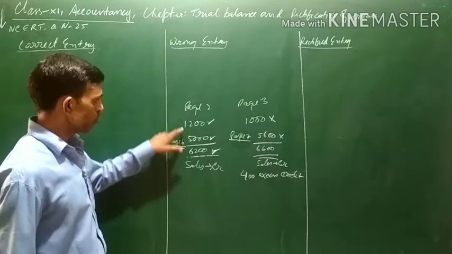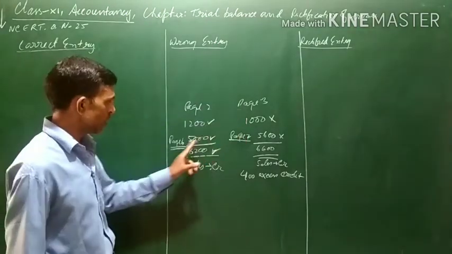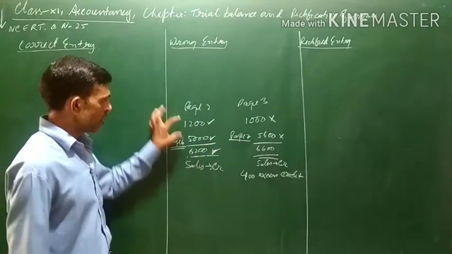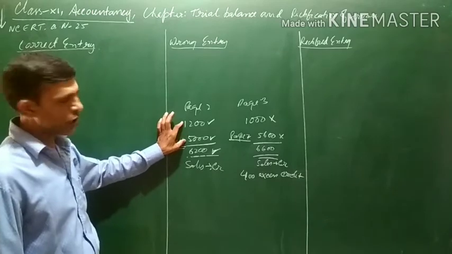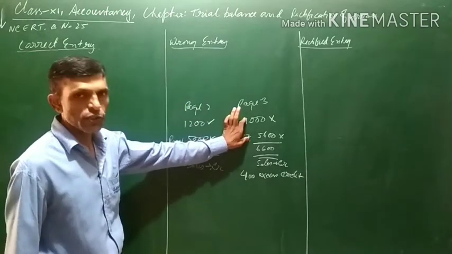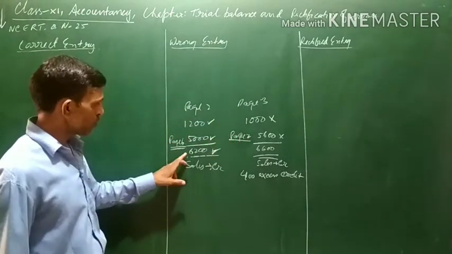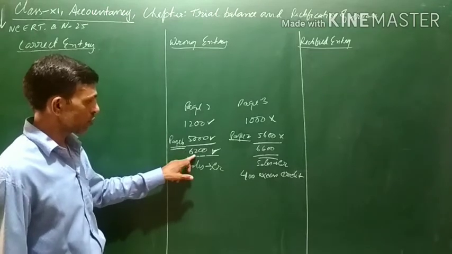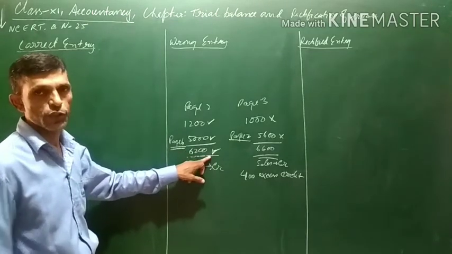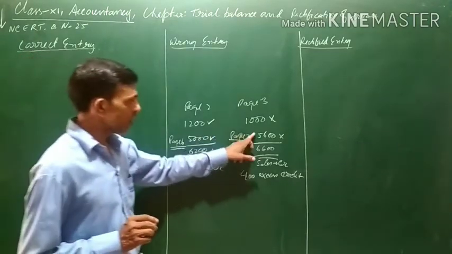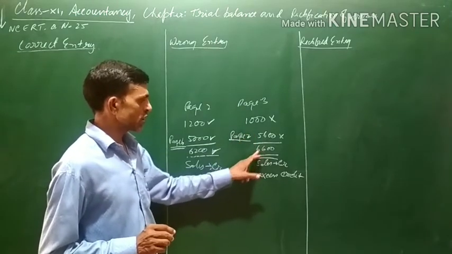Means total of these two, page number 2 to page number 3, again page number 6 to page number 7, these were the correct figures which were to be recorded. These are the wrong figures which have been recorded. Total of these two is 6200, which is the correct figure which should have been recorded, but wrongly the total has been recorded as 6600.